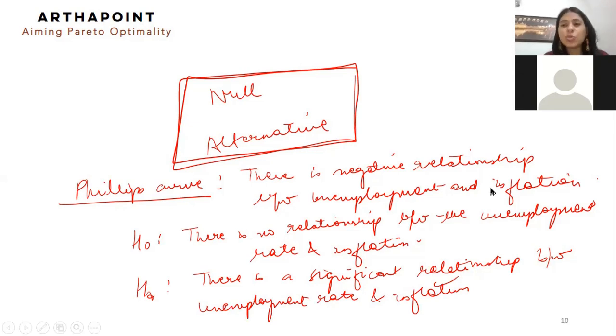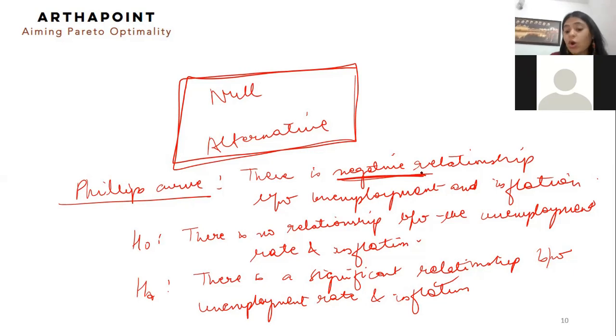Now, usually, if you do not know the sign of the relationship, then you will write that there is a relationship between unemployment and inflation as the alternative hypothesis. But if you know the sign, in my case, I know that this is the negative relationship that we have.